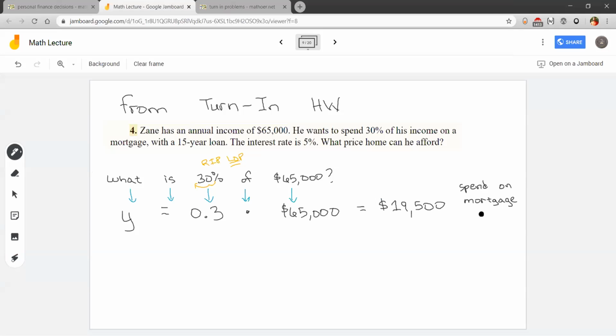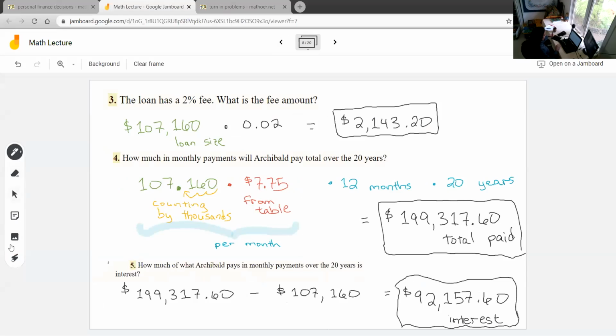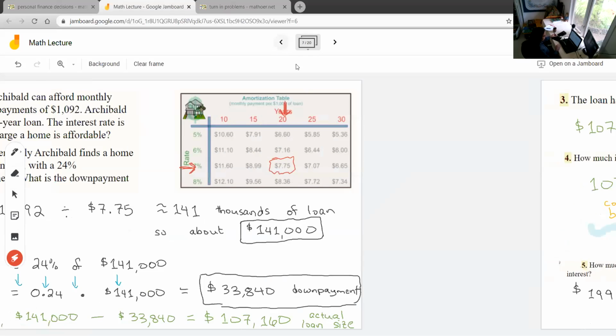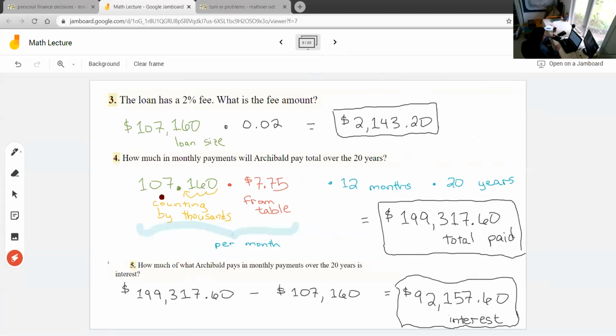Which one were you switching on the last slide? The last one, yes. We had to do a 3 decimal point scoot there because we're saying that this was the loan size, but the table value from that table deals with per thousand. So we had to say how many times we're counting by thousands to get to this.